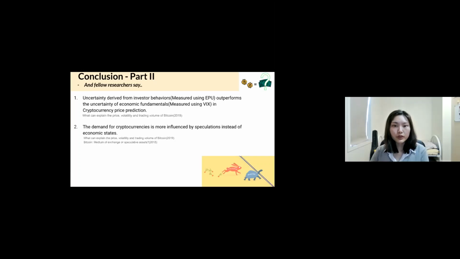However, the EPU is a newspaper-based index, whereas the VIX is an indicator of 30 days ahead volatility. Many other papers also suggest that the demand for cryptocurrency is more influenced by speculation instead of economic states, since cryptocurrencies are mainly used as a speculative investment instead of an alternative currency.